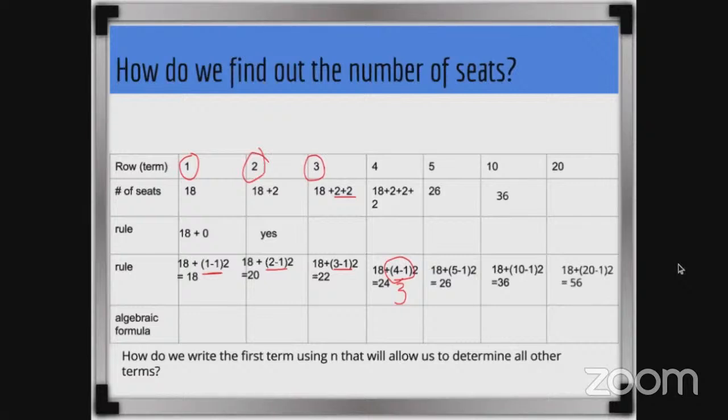So it is 1 less than 20, which would give us 19 multiplied by 2, added to 18. What is 19 multiplied by 2, by the way? 38. 38 plus 18. 56. All right. So that would give us our 56 seats in row 20.